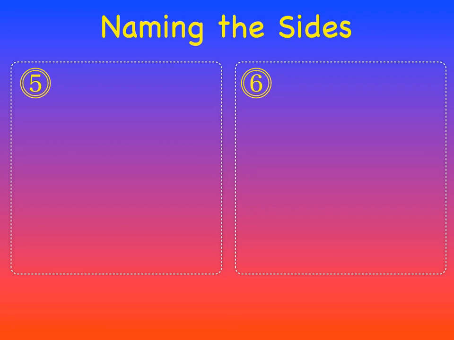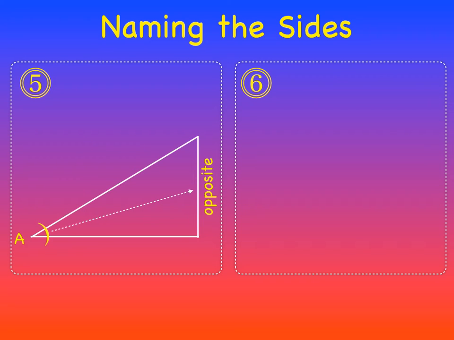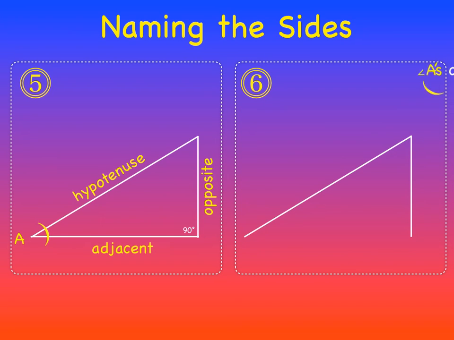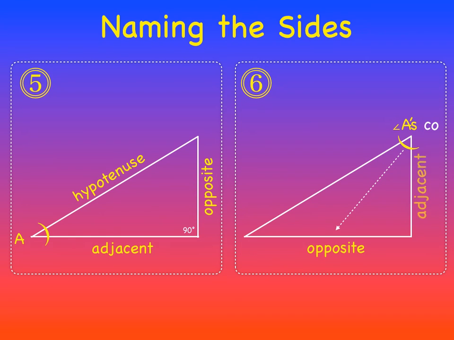Now, let's look at 6 different ways of naming the sides of a right triangle. Here's angle A, and we have its opposite, adjacent, and hypotenuse. Or, from the other perspective, from A's complement, there's the opposite, adjacent, and hypotenuse.